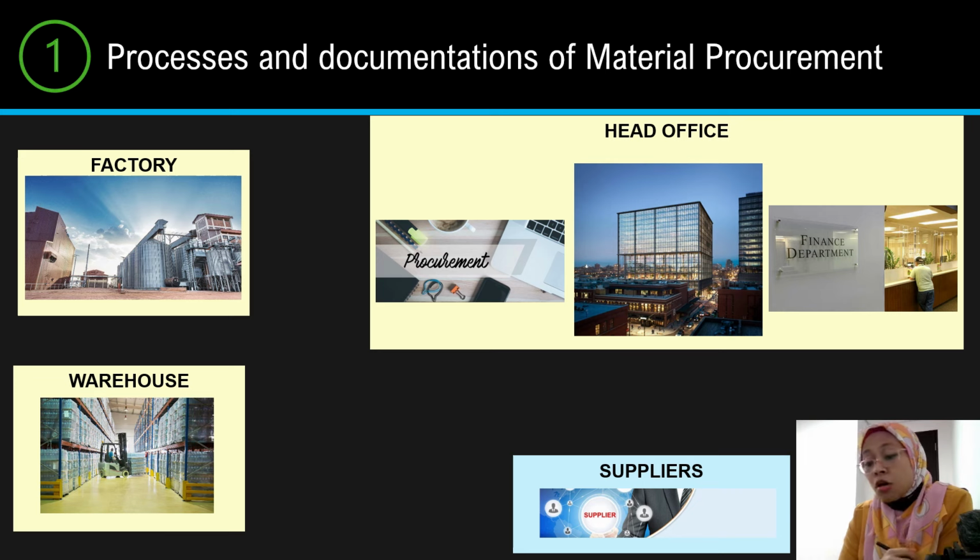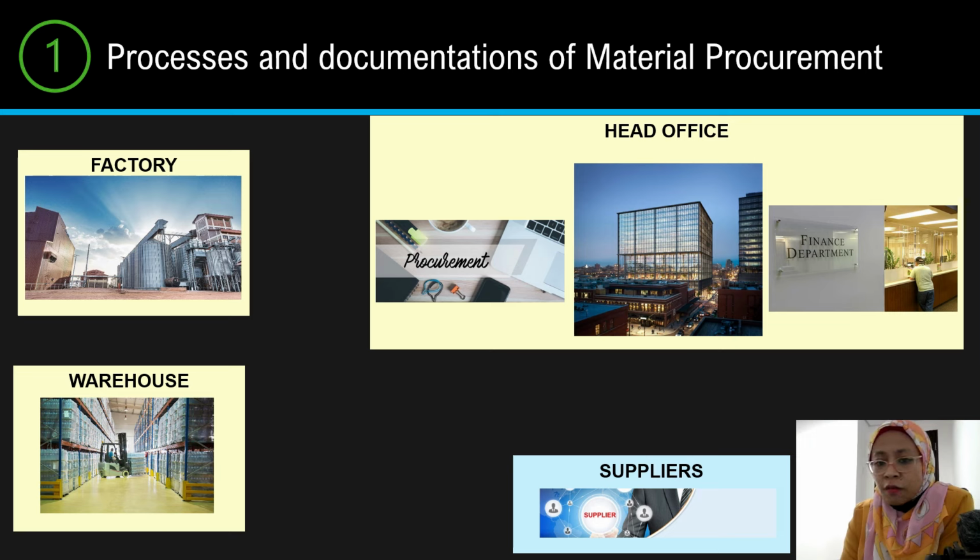Some companies call it purchasing department. So finance department has a job of releasing or approving any payment or receipt. When we have to pay a supplier, finance department approves the payment and releases the payment to the supplier.